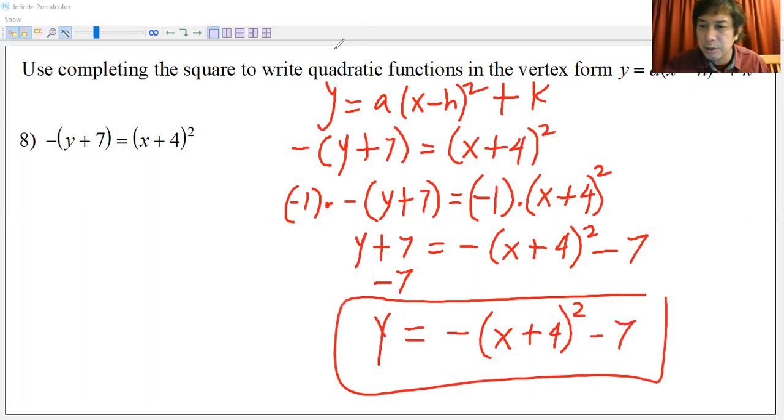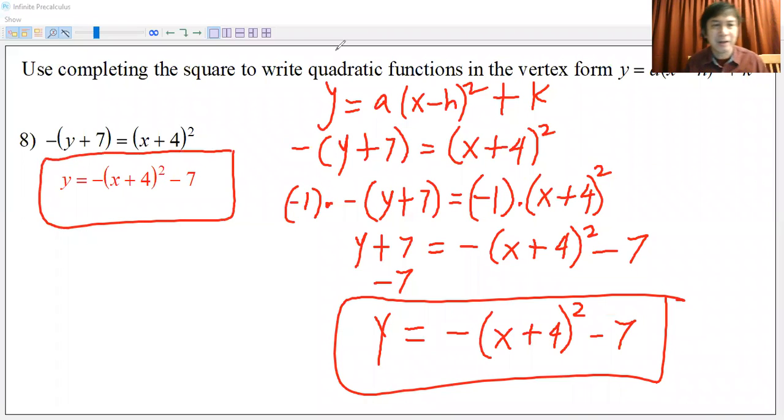This must be the answer. Let me remove my check. We still have to see that. Y is equal to negative x plus 4 squared minus 7. Now I check it. There. So we're now going to have number 9.